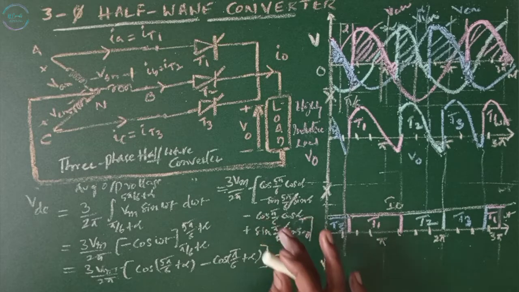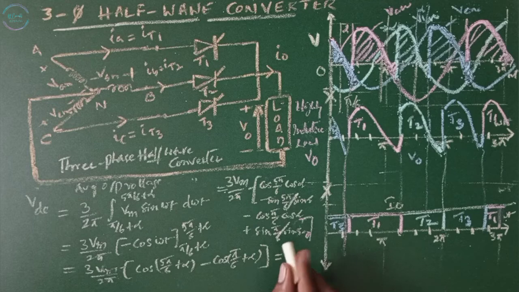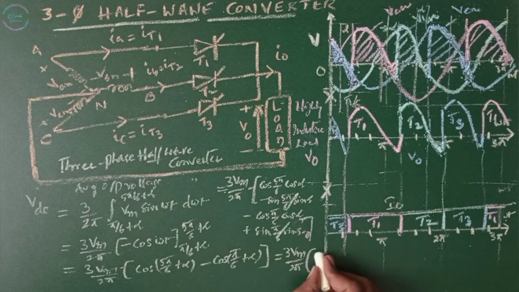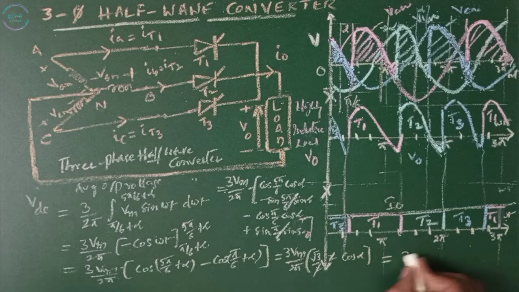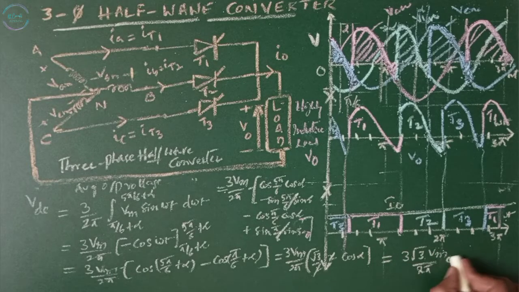Minus minus becomes plus, so 2 times, that equals 3 Vm by 2 pi of root 3 by 2 times 2 cos alpha. We get 3 root 3 Vm by 2 pi cos alpha. This is nothing but VDC.